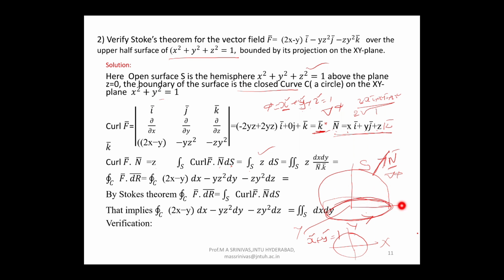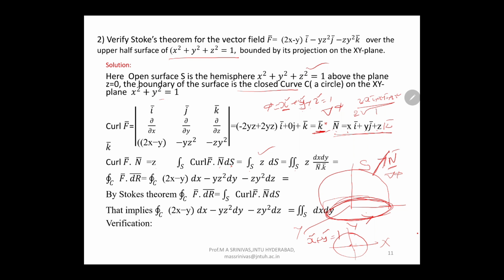Even if I take a line perpendicular to the xz plane, it also cuts the surface at 2 points. But if I draw a line perpendicular to the xy plane, it cuts the surface at only 1 point. Therefore, it is better to take the projection on the xy plane. If I take the projection on the xy plane for this surface, I will get this region.